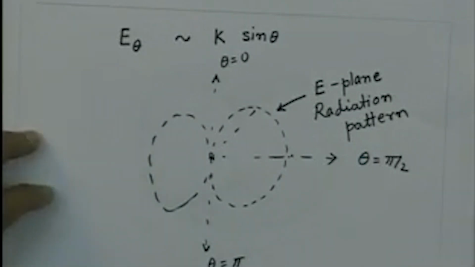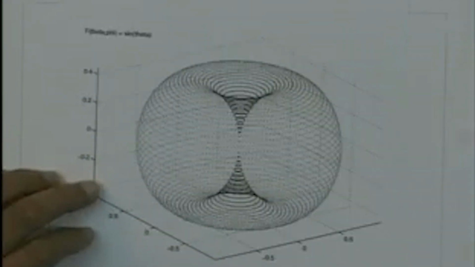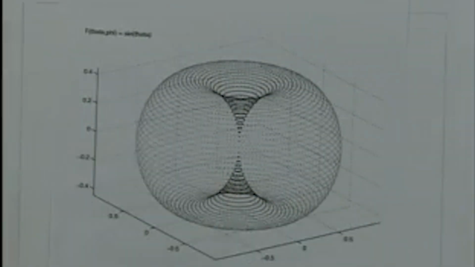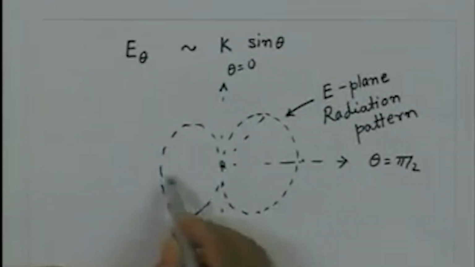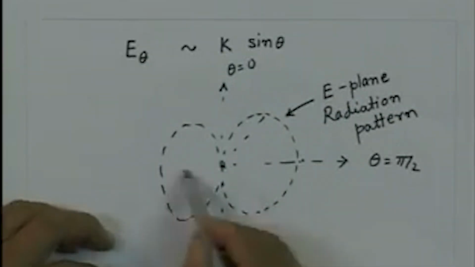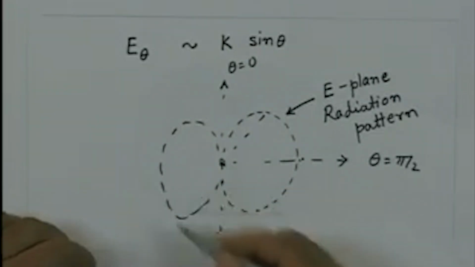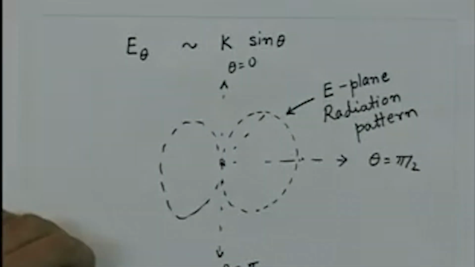The other principal plane by which we can cut this three-dimensional figure is the plane perpendicular to theta, which is the horizontal plane. If I cut this figure at this location where theta is equal to pi by 2, I will get a figure which is a circle.